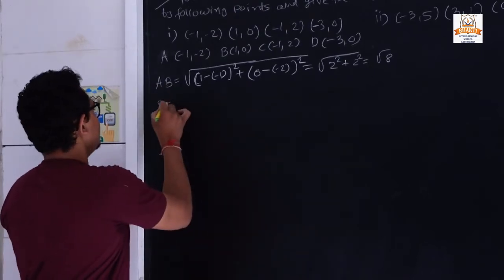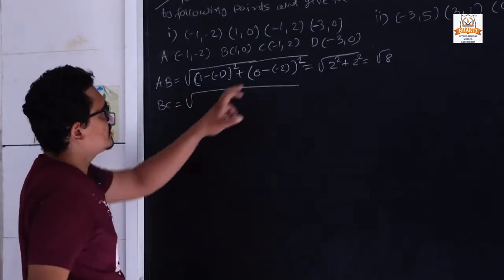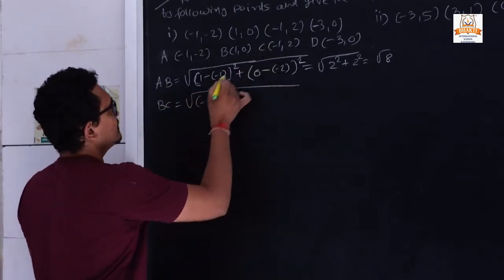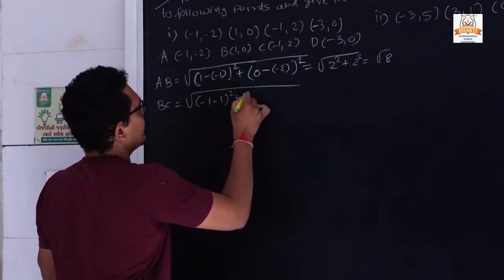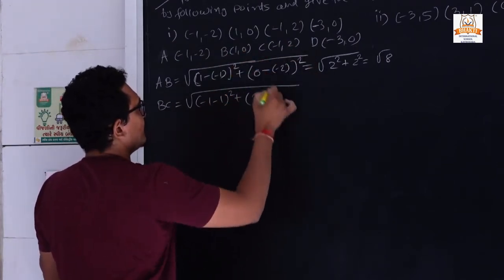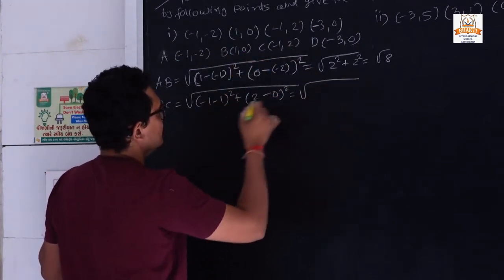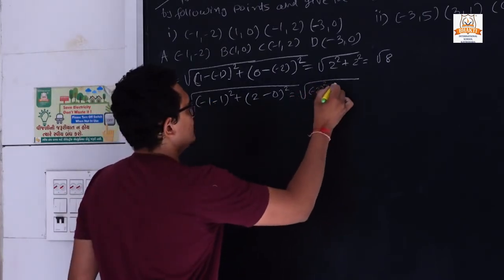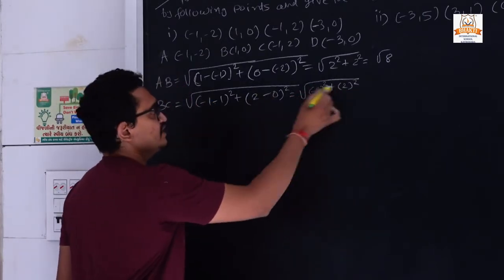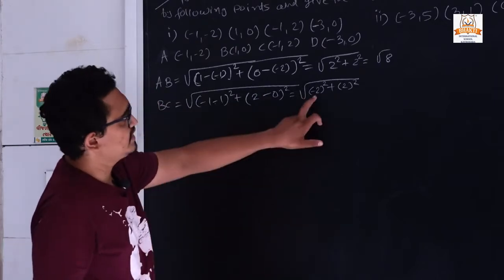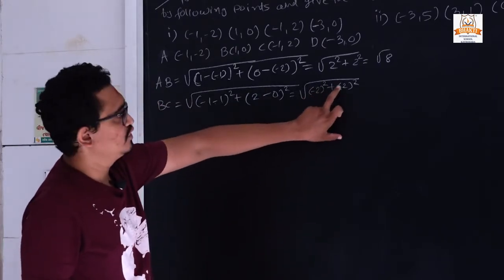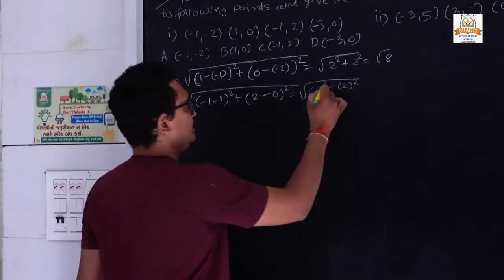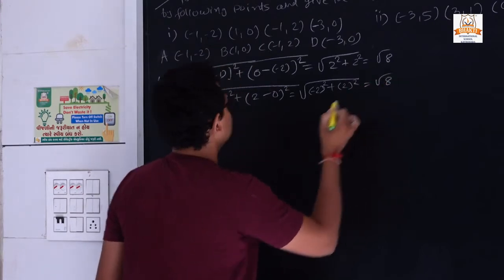Next BC. Minus minus becomes plus, so 2 minus 0 is once again 2, and minus 2 square is plus 4. 4 plus 4, so it will be root 8.